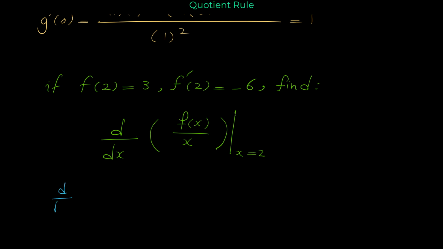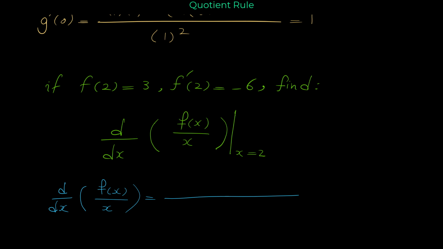D over dx, again, this is just a notation. The notation should not confuse you. I know that sometimes the notations are really confusing, but you have to gradually get familiar with the notations of derivative. D over dx of f of x over x simply means take the derivative of the expression inside the bracket. For finding it, we use the quotient rule. What was the quotient rule?